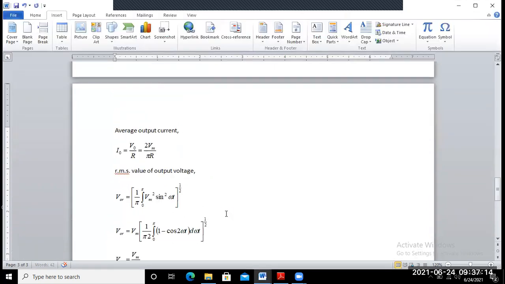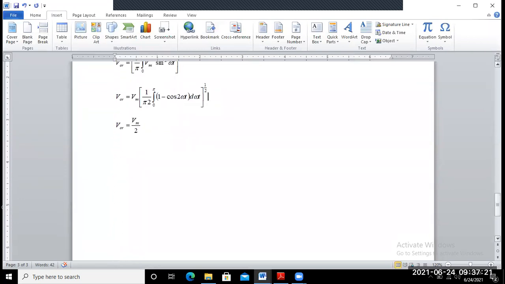Similarly, you can find the RMS output current.